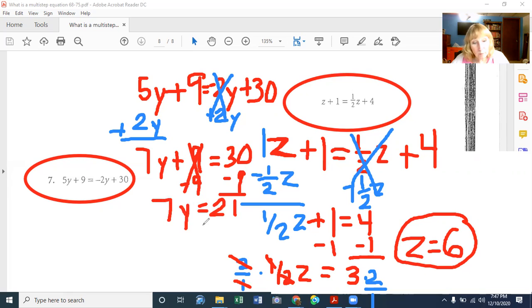And now I'm going to divide both sides by 7. The 7's will cancel out. I'm left with y equals 21 divided by 7, or 3. So y equals 3. So that's the last problem that I'm going to do with you.